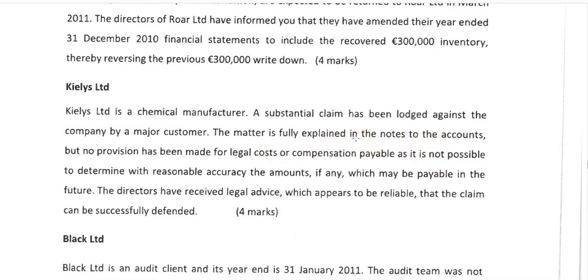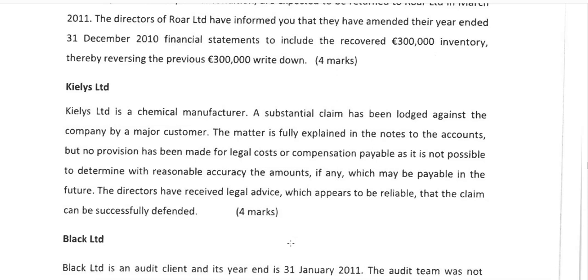So therefore the accounts are correct. So the answer in this question is, you'd explain the accounting issue like I discussed, then you would say it's probably material because it's a substantial claim and it's a major customer, so it should be disclosed in the notes to the accounts. So the accounts therefore are correct, so it's unmodified. So in our opinion, the accounts are true and fair.